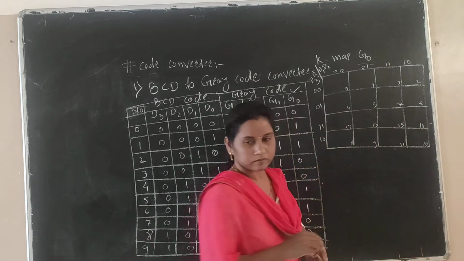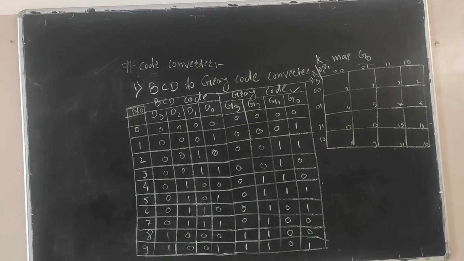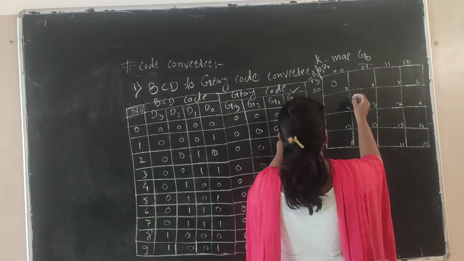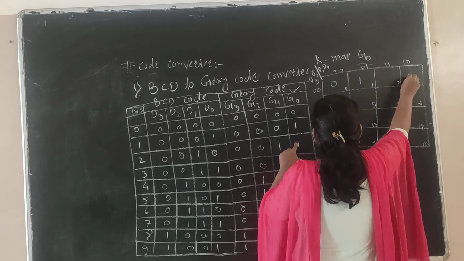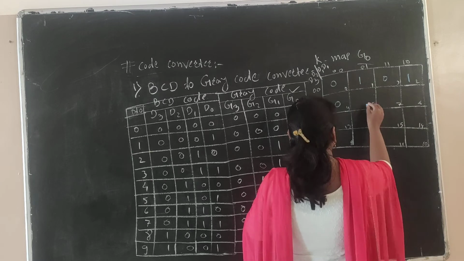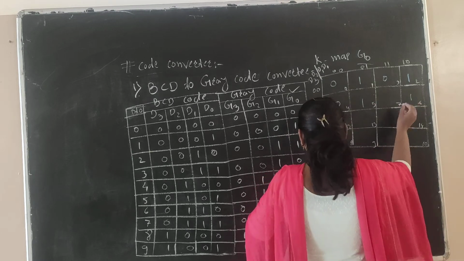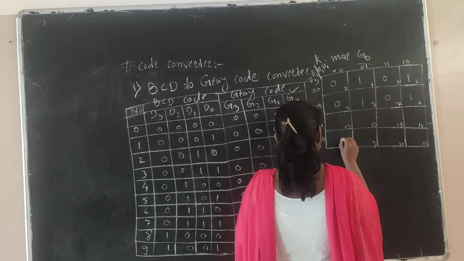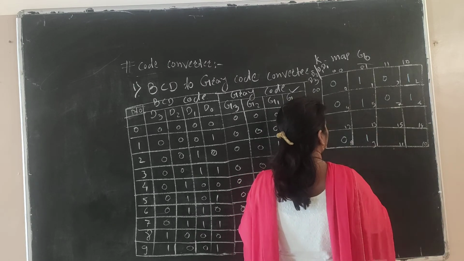We will take another chalk. G0: 1 1 0 0 1 1 0, then 0 1.